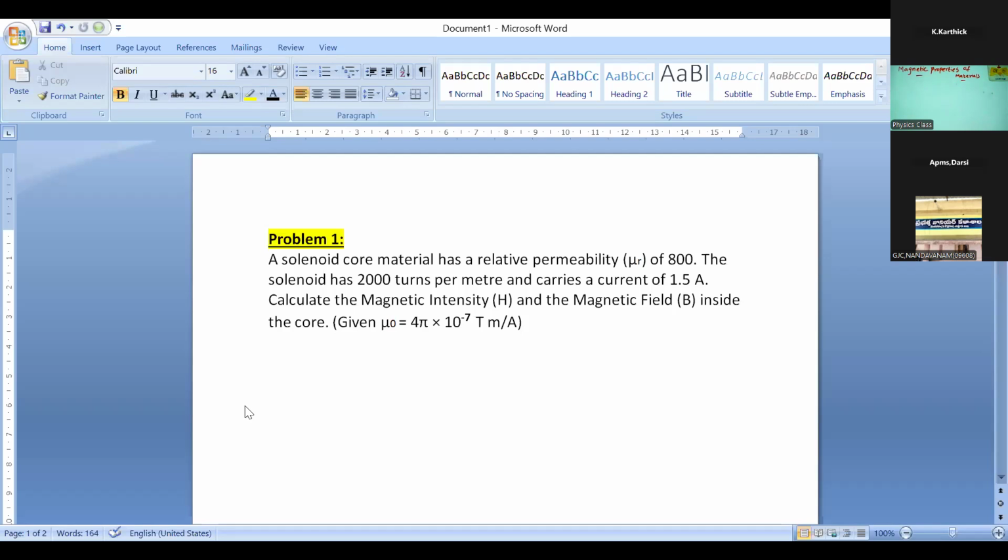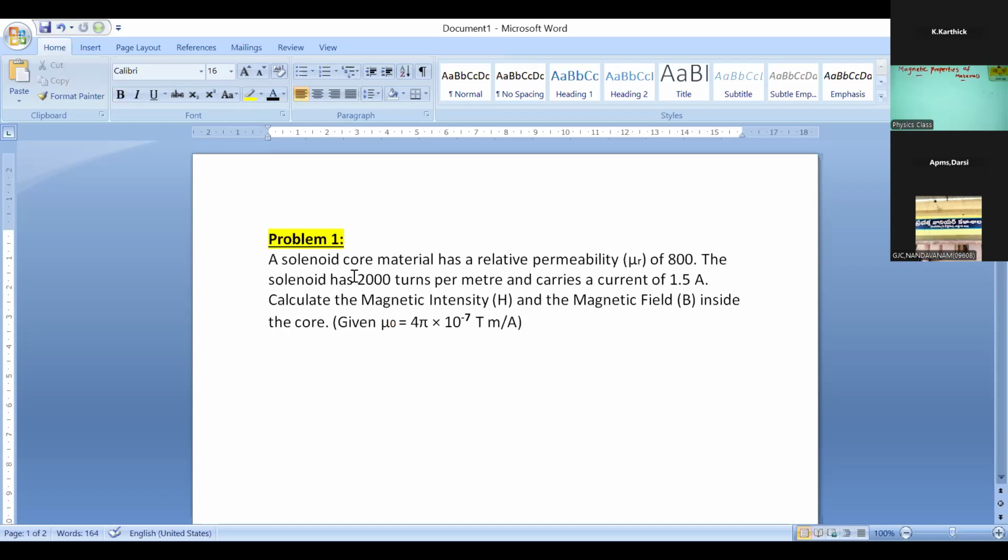The solenoid has 2000 turns per meter and carries a current of 1.5 ampere. Calculate the magnetic intensity H and the magnetic field B inside the core. And remember the value, that is mu naught is equal to 4 pi into 10 power minus 7 Tesla meter by ampere.